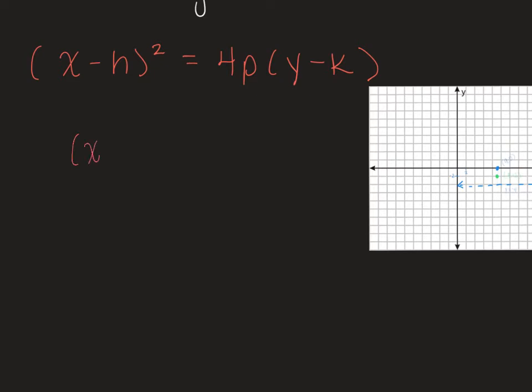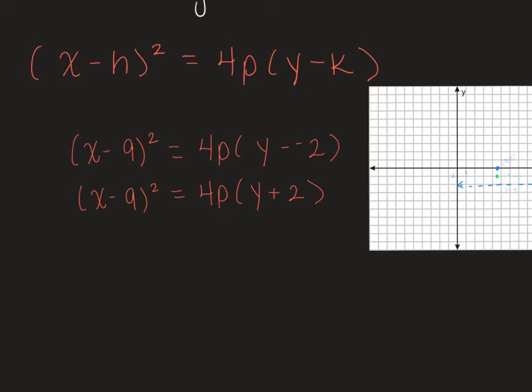So we have x minus, and our h was 9, squared, equals 4p times y minus -2. So that will become a +2. So I'm just going to write that on our next line. y plus 2.